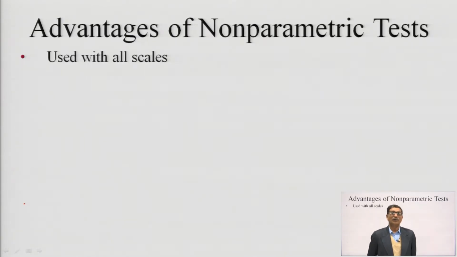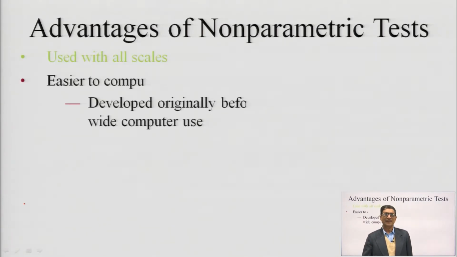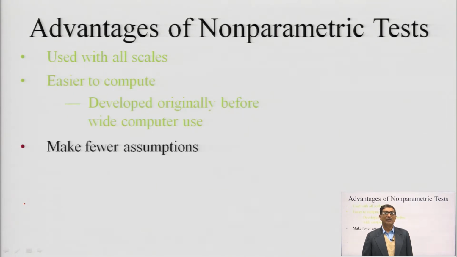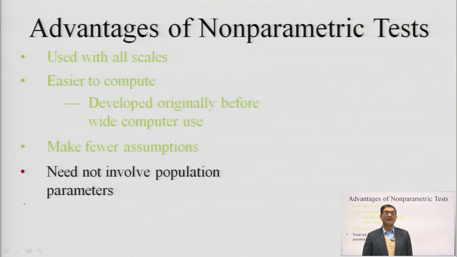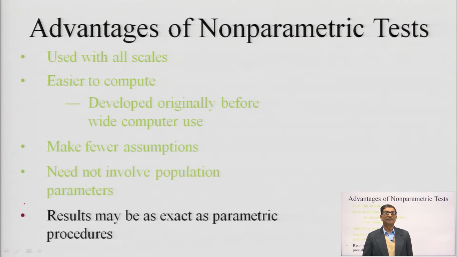Now, the advantages of non-parametric tests: these tests can be used with all scales. They are easier to compute and were developed originally before wide computer use. They require fewer assumptions and need not involve population parameters.